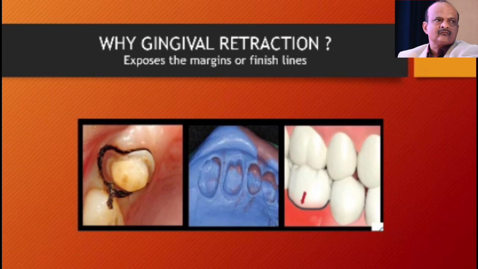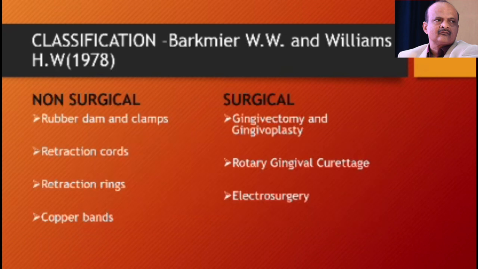This also helps in providing a good contour of our restorations, and thus it can provide good marginal integrity to our prosthodontic restorations. This is a very essential step in order to record a good finish line, and the part of the tooth apical to the finish line is also important for contouring our restorations.